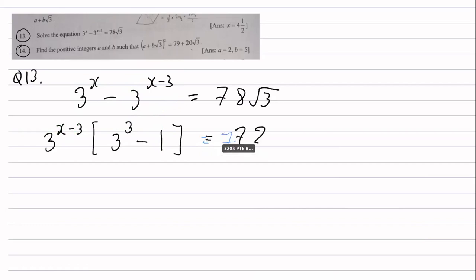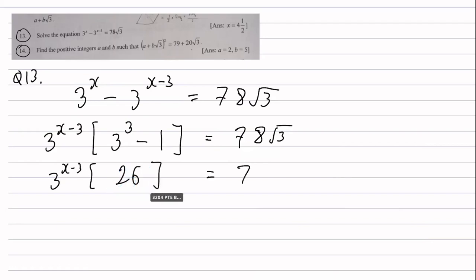Okay, good. 78 root 3. Simplify a bit more. 3 power 3 is 27. 27 minus 1 is 26, right? Yes. So now, how do I continue simplifying this? I realized 3 power x minus 3 is just the same as 3 power x times 3 power negative 3. So what's 3 power negative 3?